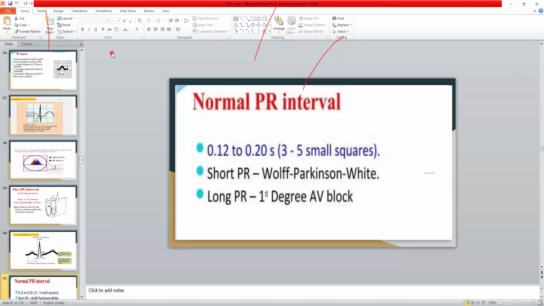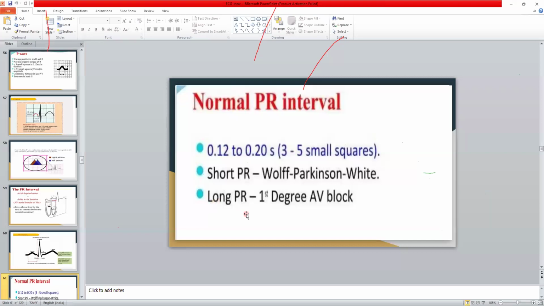See, somebody has asked what it denotes if the PR interval is more than 5 small squares. Normally the PR interval should be within 3 to 5 small squares, or 0.12 to 0.2 seconds.